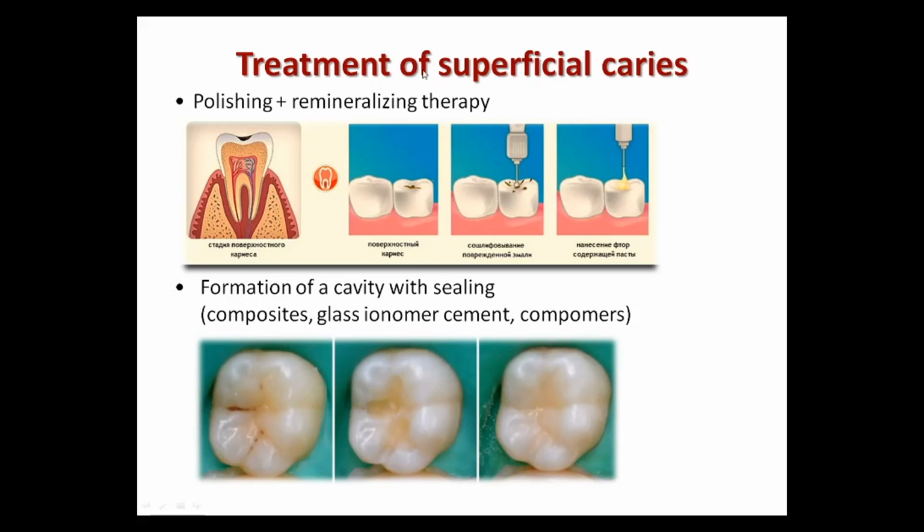So, the treatment of superficial caries, more often, is formation of the caries cavity with subsequent sealing. And as filling materials, we use composites, glass ionomer cements or compomers. Preparation of the caries cavity and filling.